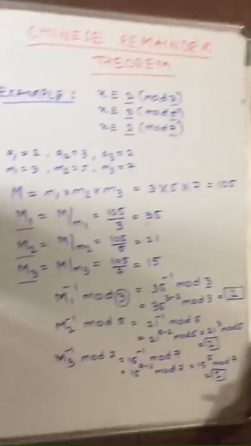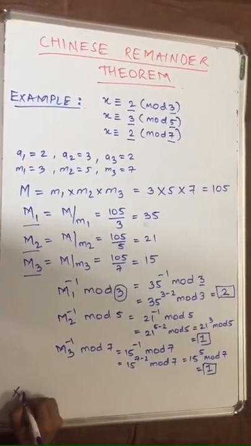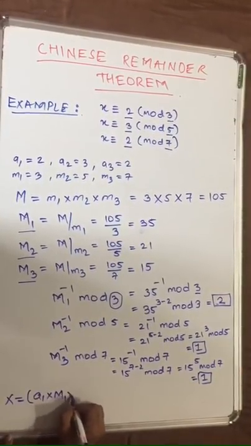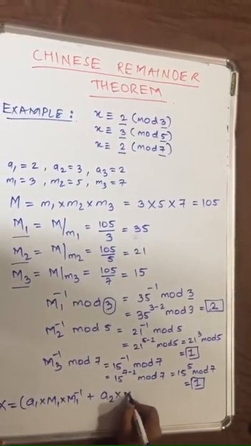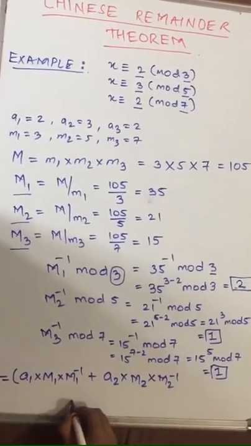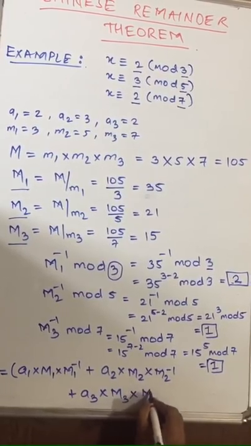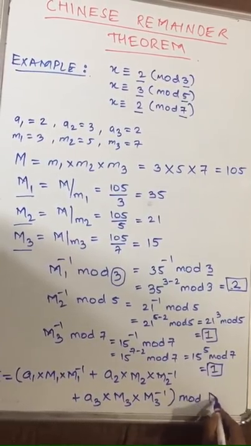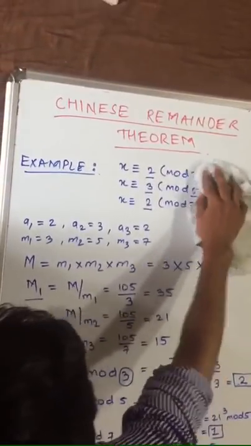So as you can see, you have got all the values. Now you just have to find capital X. Capital X is equal to A1 into capital M1 into M1 inverse plus A2 into M2 into M2 inverse plus A3 into capital M3 into capital M3 inverse, mod capital M. Now just substitute all the values.